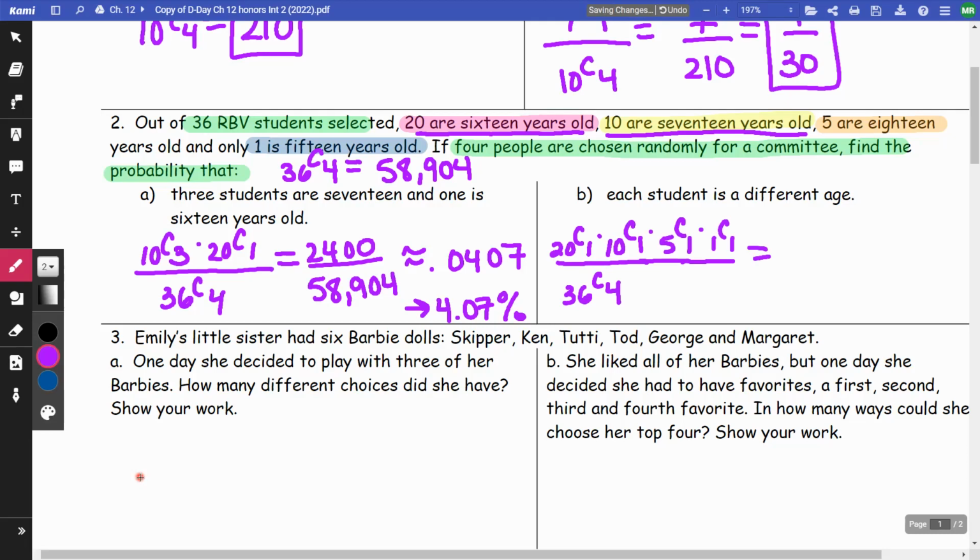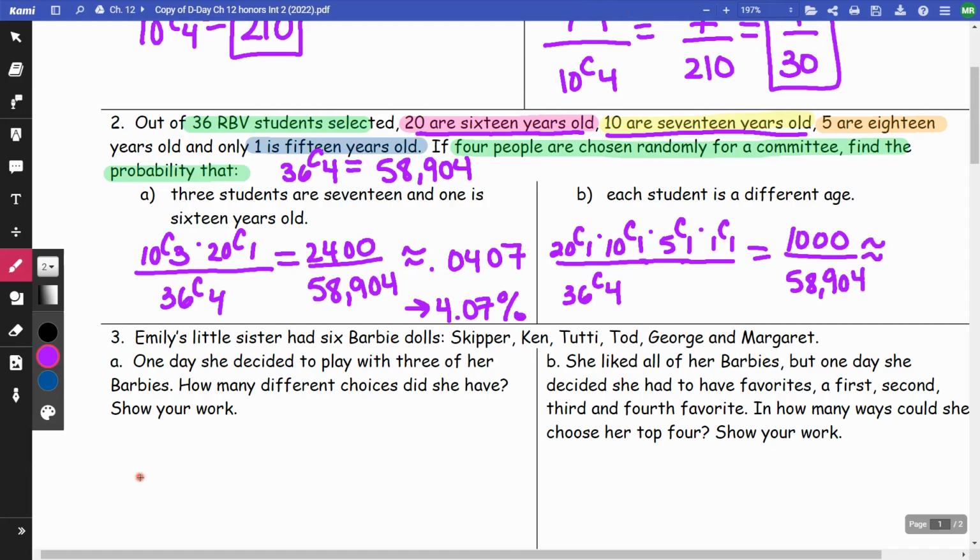So when I work that out, I have 20 times 10 times 5 times 1, which is 1,000 over 58,904.